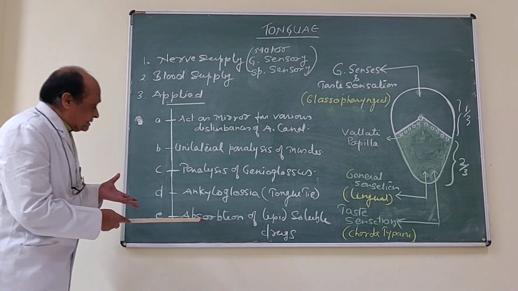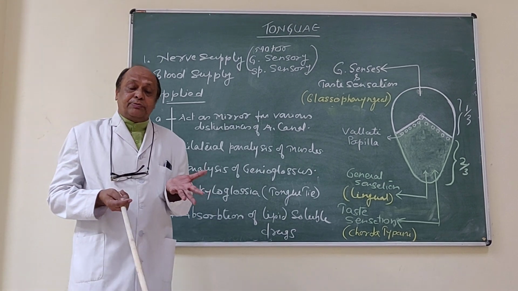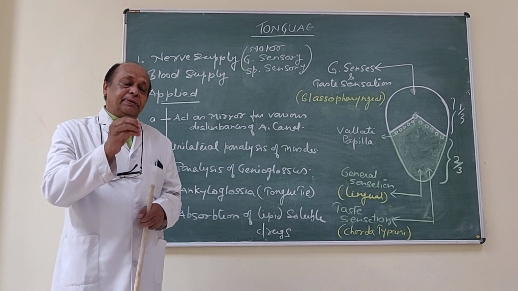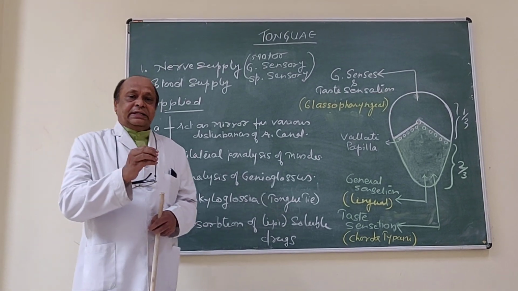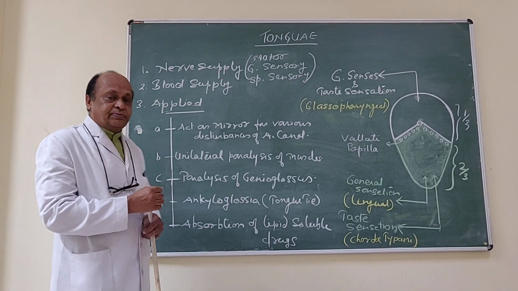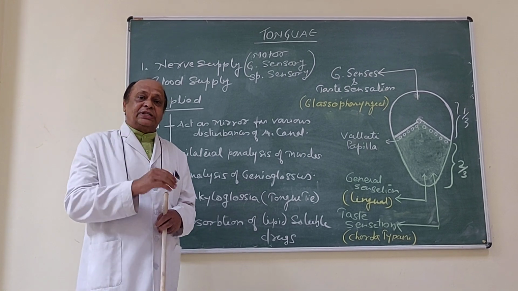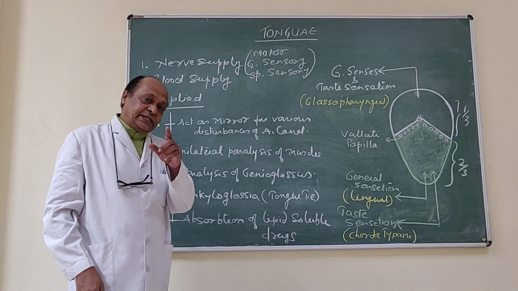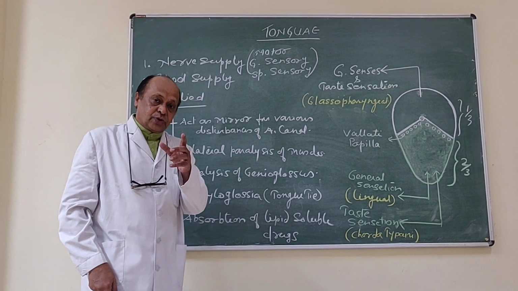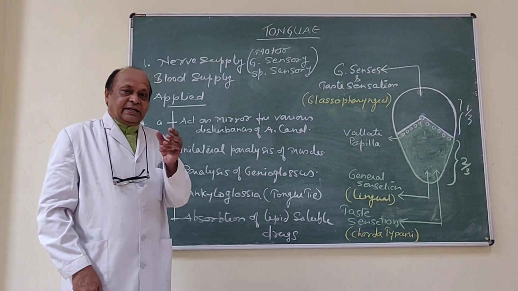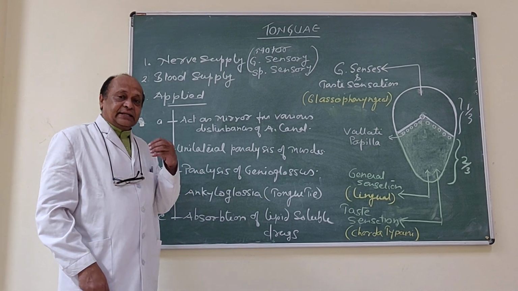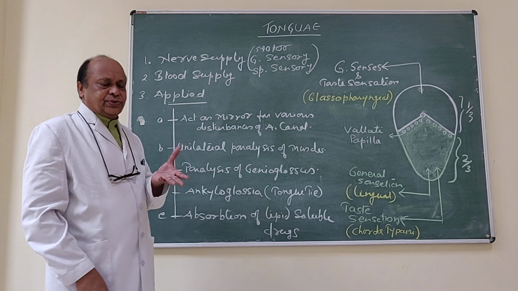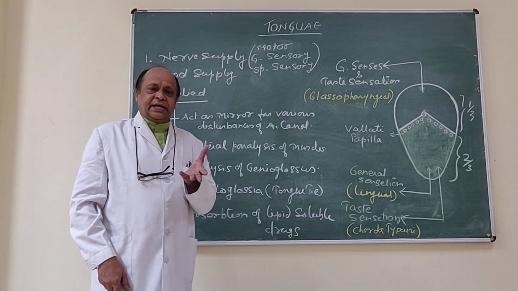This mucous membrane has tremendous power of absorption, and especially the lipid soluble drugs diffuse through the mucous membrane and are absorbed into circulation quickly. Because of this very fact, drugs like nitroglycerin, which is a vasodilator, are placed under the tongue for quick action, and this drug is used to treat angina pectoris.